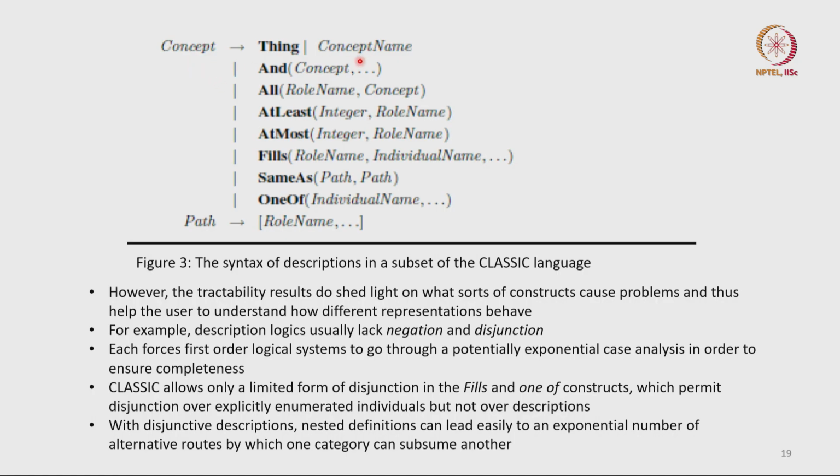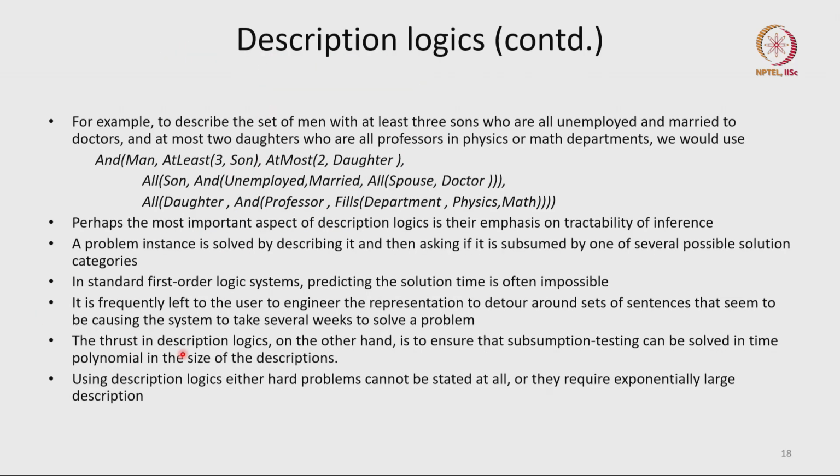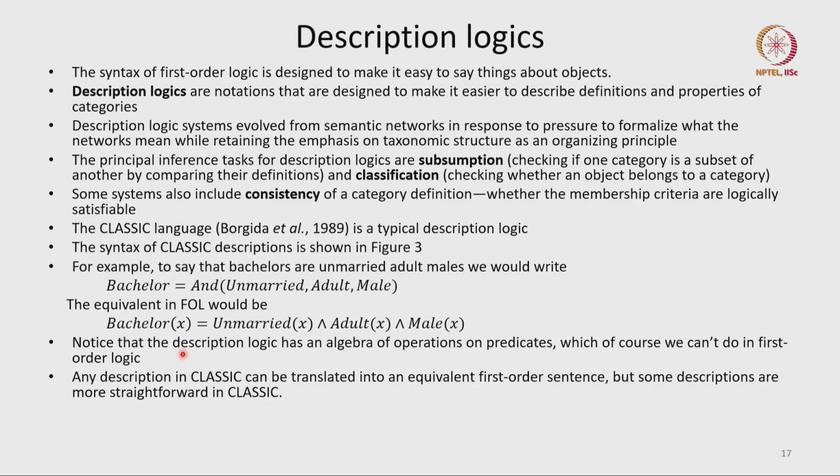You have a concept name and you use things like and, all, at least, at most, fills, same as, one of, etc. So, this is the way that the description language actually works.